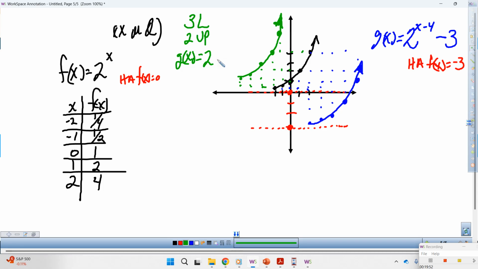All right, we got it? Let's see what you wrote for our new function. Base 2, what? Help me out. Annette, what did you write? 2 to the what?